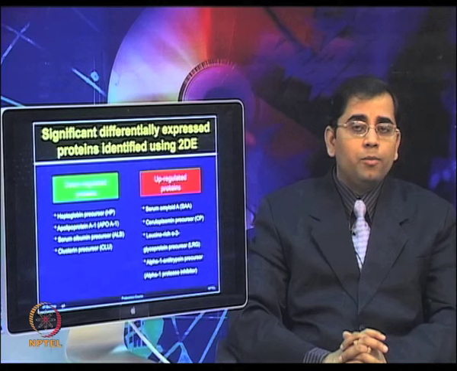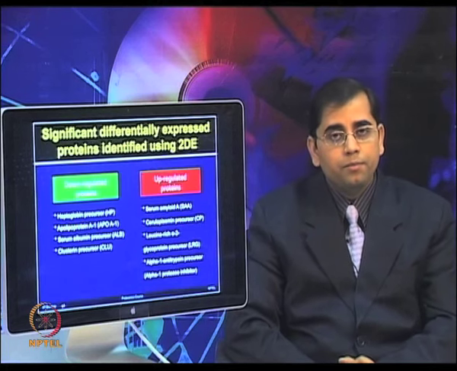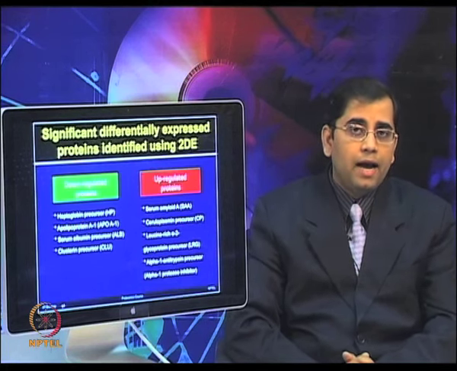But at the end, from these mass spectrometry experiments, one can obtain the identity of these proteins, and as you can see in the slide, there are several proteins in the human host that were differentially expressed due to Plasmodium vivax infection.